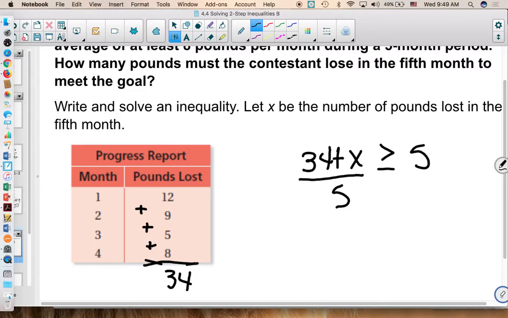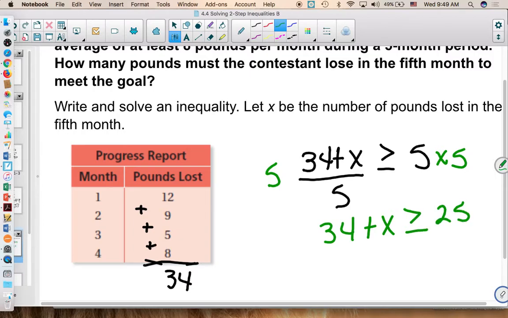So if I multiplied both sides by 5, then I end up with my 34 plus x greater than or equal to 25. Okay, and then what do I do next? Subtract 34 from both sides. So I end up with x, because it's a loss, we're seeing it as a negative.